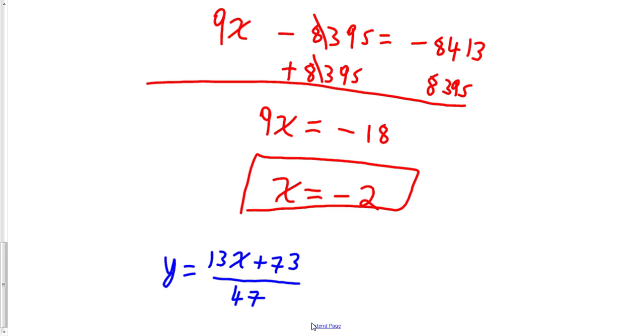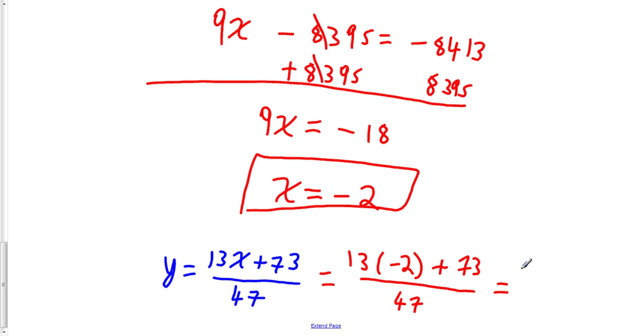So that means that y is equal to 13 times negative 2 plus 73 over 47. And I believe that's negative 26 plus 73, which is 41.